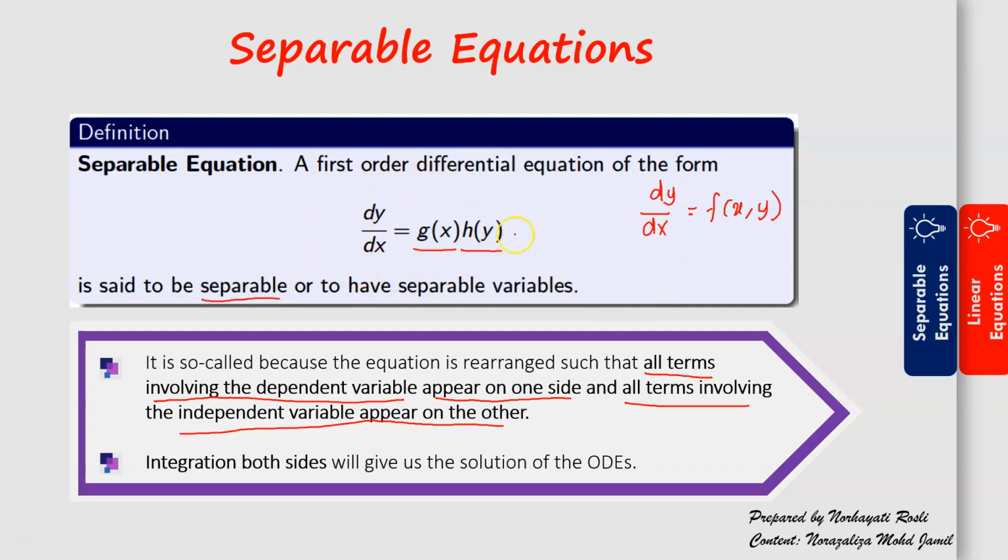When you can write your differential equation like this, I can move h(y) to this side, so dy over h(y) will be equal to g(x) dx. You can see here the dependent variable appears on one side and the independent variable appears on the other side.